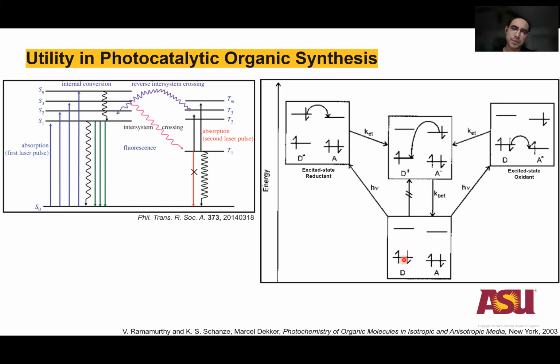So in this case, if your photocatalyst is acting as an electron donor, then it's going to be acting as a reductant in its excited state.